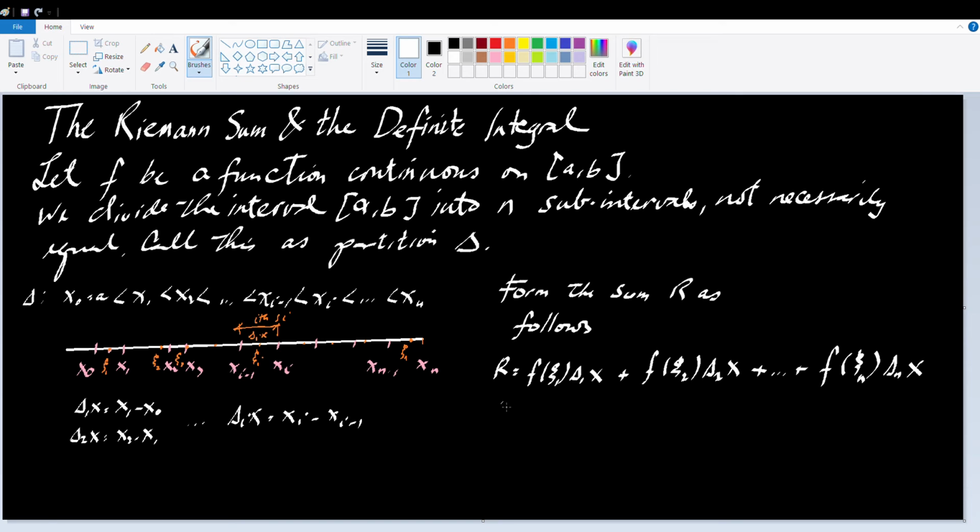In a more compact form, we write this as the summation of f of c sub i delta sub ix, i from 1 to n.